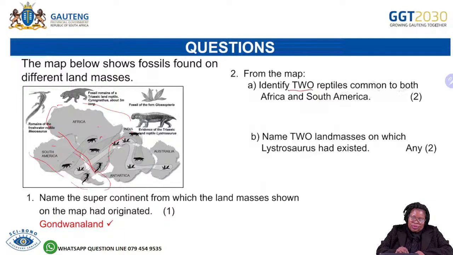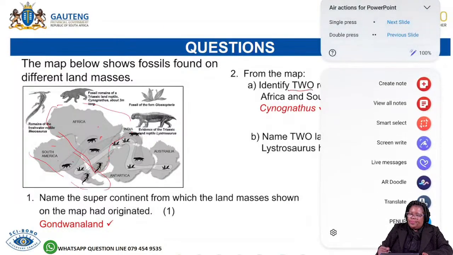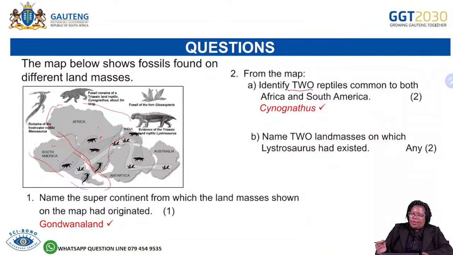So can you see? Now, those are Cyanognathes and the Mesosaurus. All right. So you basically look at what is given, what you can find there. You can find this in South America.